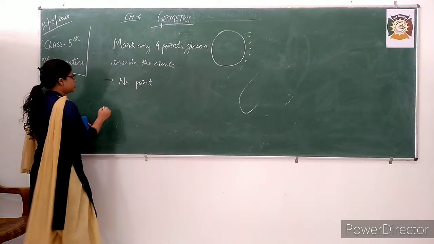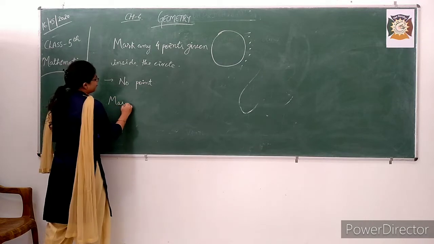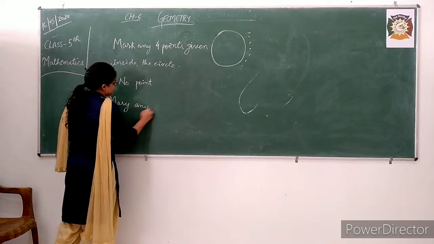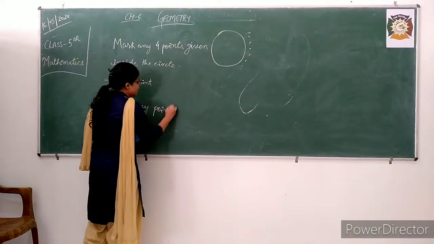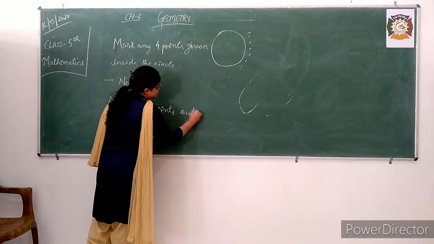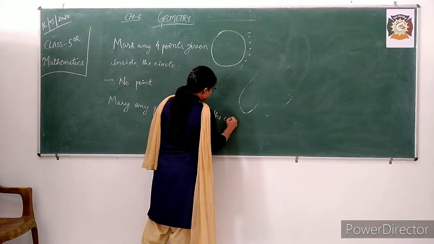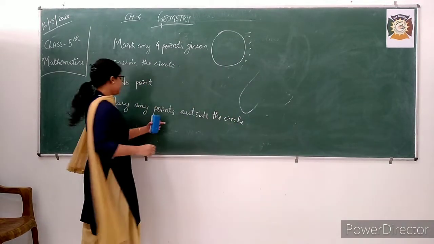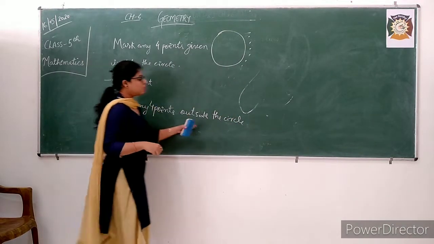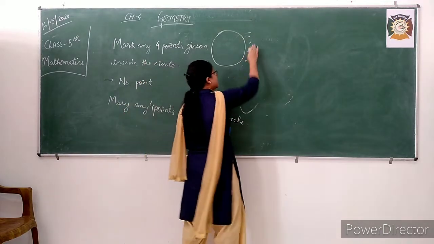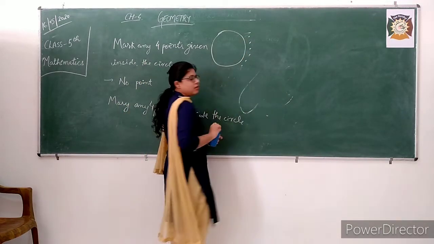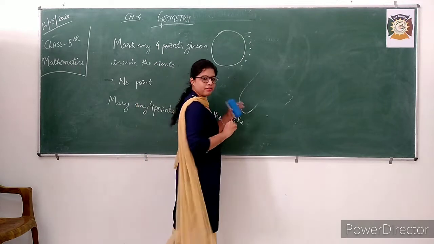In the same question it is asked, mark any 4 points outside the circle. This is the second part of the question. Now outside you can see so many points are there in the given diagram.